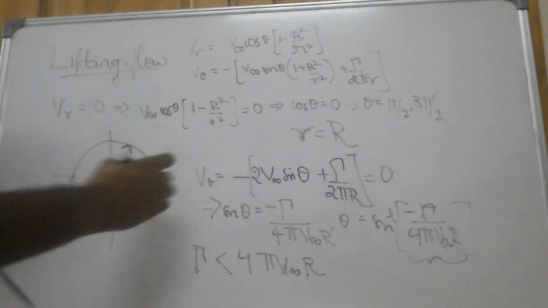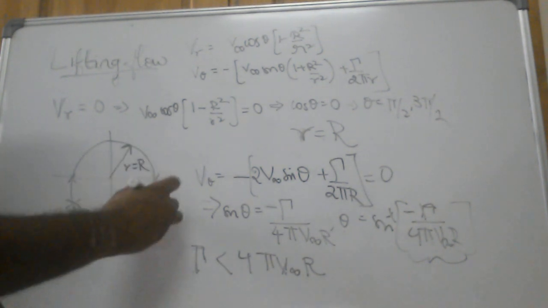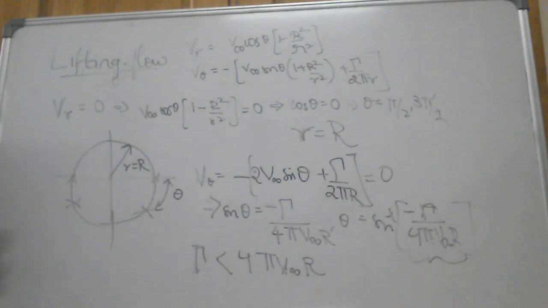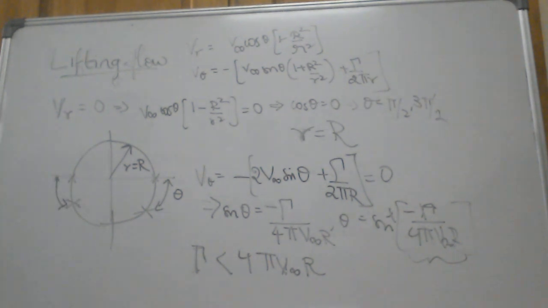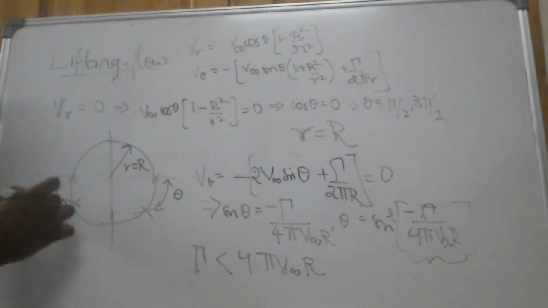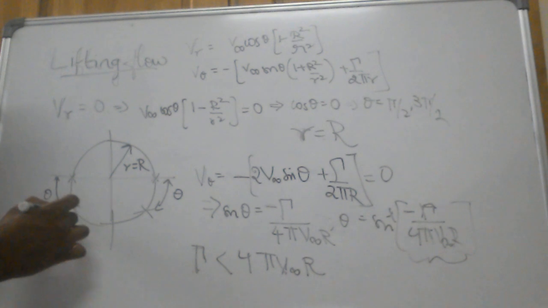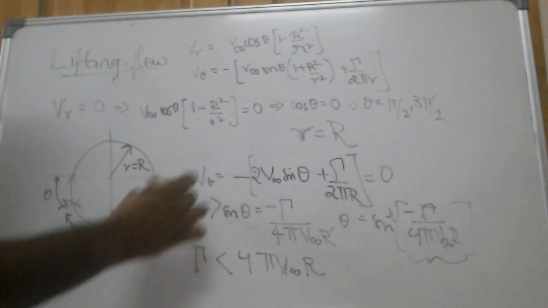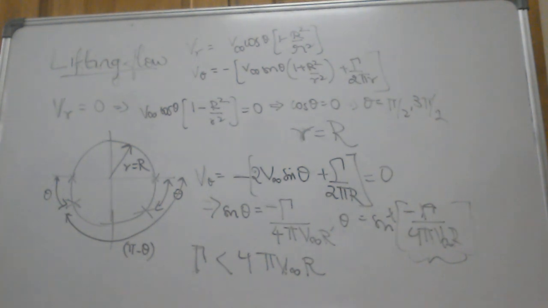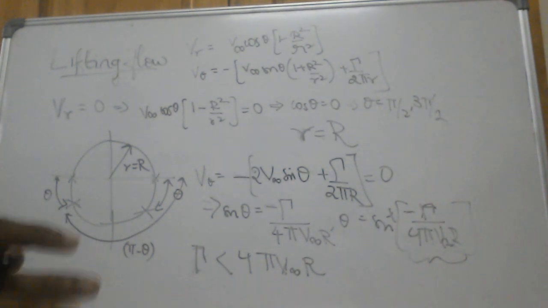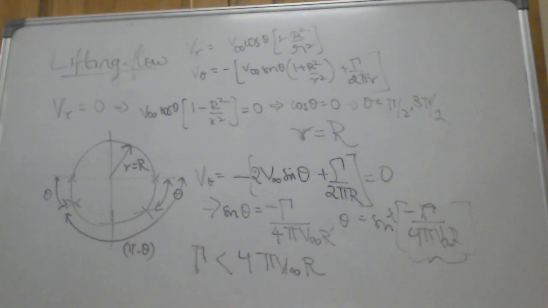So if this angle is theta, this angle would also be theta, and this is pi minus theta. I hope what I'm trying to convey is clear.